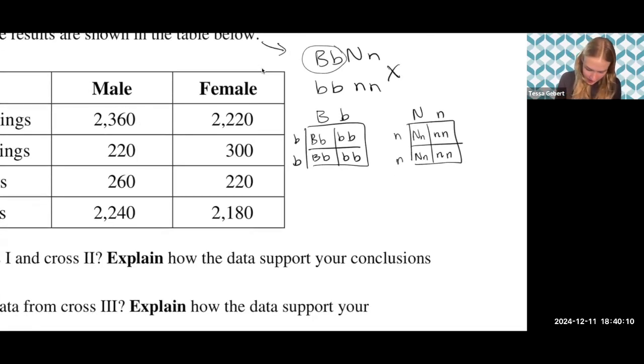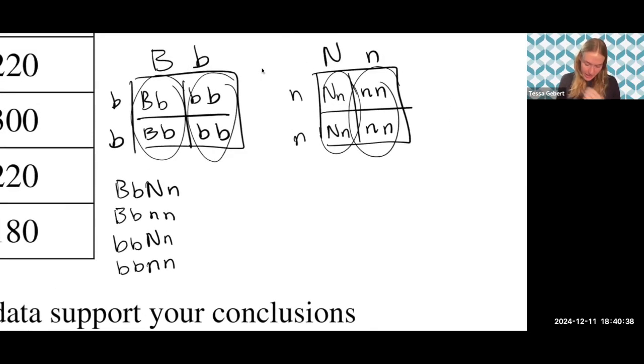I can get big B, little b, big N, little n; big B, little b, little n, little n; little b, little b, big N, little n; and little b, little b, little n, little n. These are my 4 options for genotypes here. And I just figured it out by saying, okay, I have these 2 options and these 2 options.